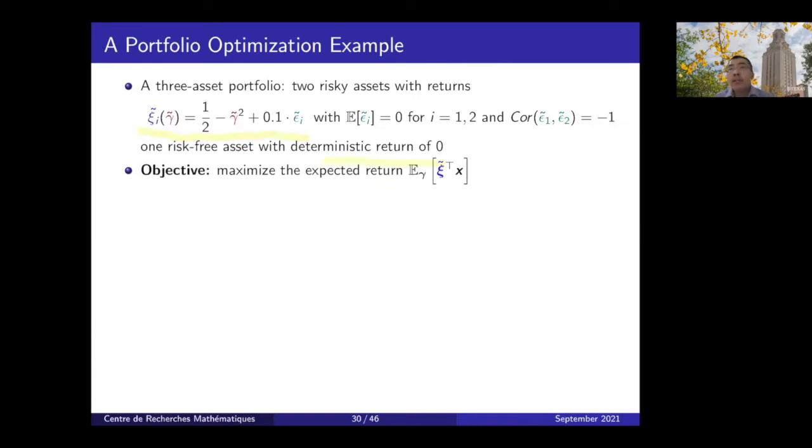It has a deterministic return of 0. The random returns for the first 2 risky assets depend on the side information gamma, and also some residual term epsilon. The objective of this problem is to maximize the conditional expected portfolio return given the side information gamma.